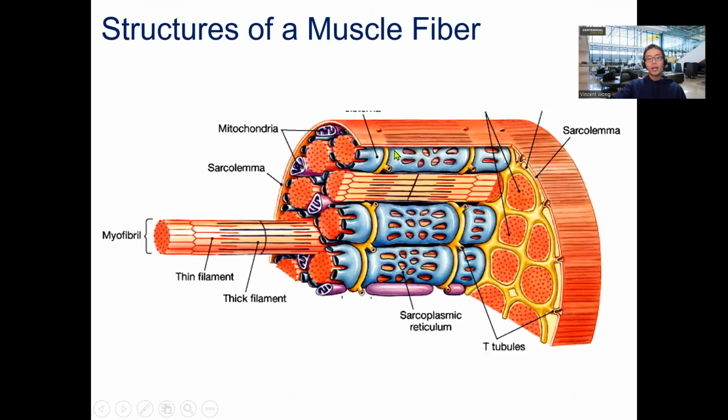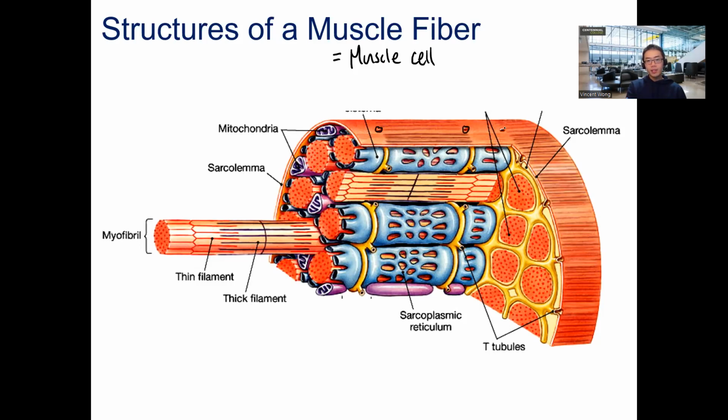This is a more comprehensive view of the muscle fiber. So again, just want to reiterate, a muscle fiber is a single muscle cell. It's very long, and inside you would have all these myofibrils, right? Each myofibril will be surrounded by its own sarcoplasmic reticulum. And these yellow tubes are the T tubules, and they go all the way back to the surface of the cell.